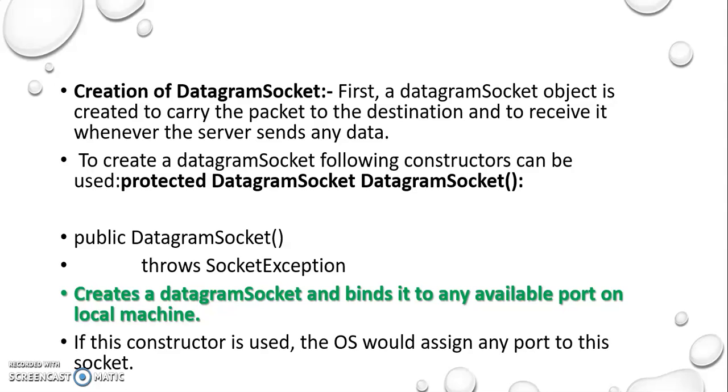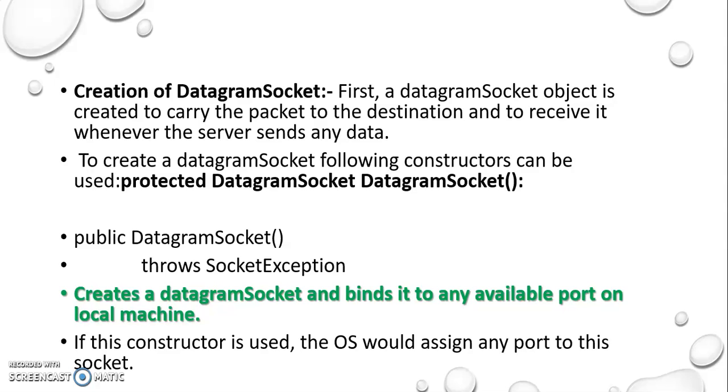So here first of all we can create the datagram socket. So for creating the datagram socket, first a datagram socket object is created to carry the packet to the destination and to receive it whenever the server sends any data.